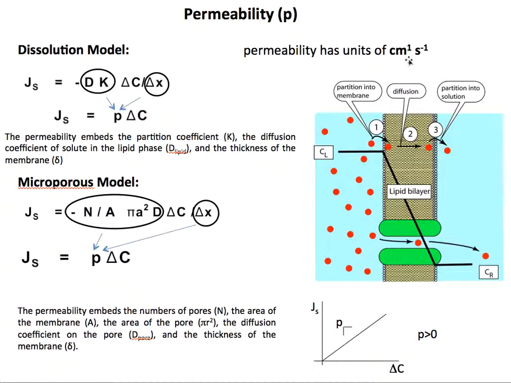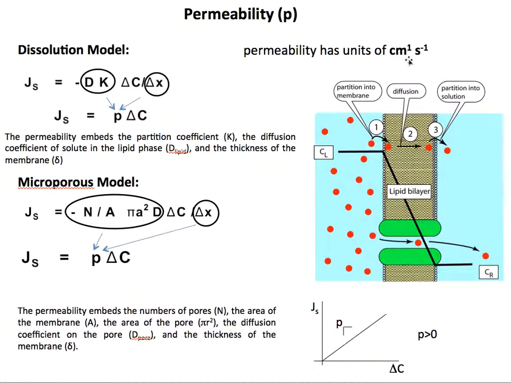So let's talk about these variables. D is the diffusion coefficient that we discussed on the previous slide. Your K is something called a partition coefficient, and what that means is when you have a solute and you're trying to dissolve it in some kind of mixture that has both an organic layer and an aqueous layer, it's going to dissolve in those two compartments in different ratios.